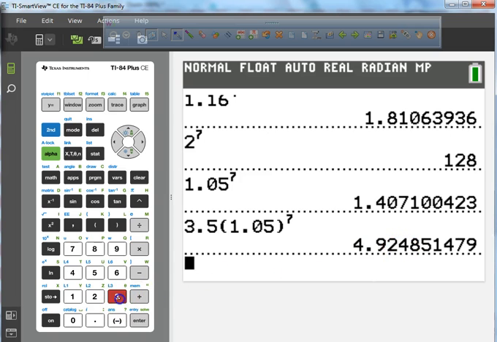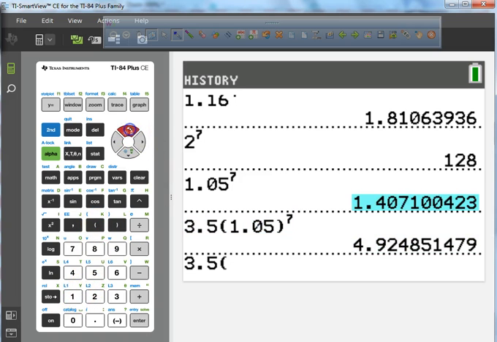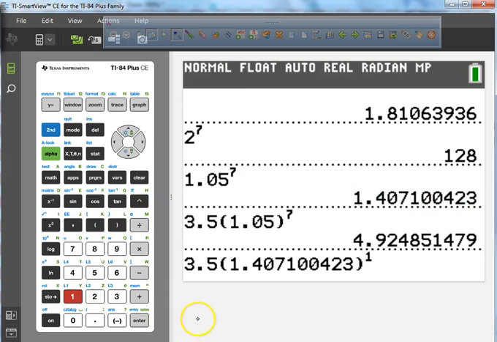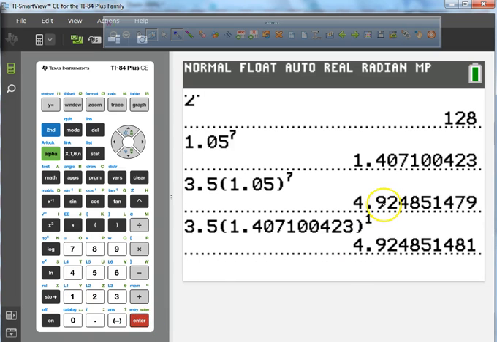Let's try this one. 3.5 open parentheses. What if I did this growth rate right there, and I raised it to the power of 1 week? This is 7 days, right? This is 1 week. If it's right, what should it equal? The same thing.